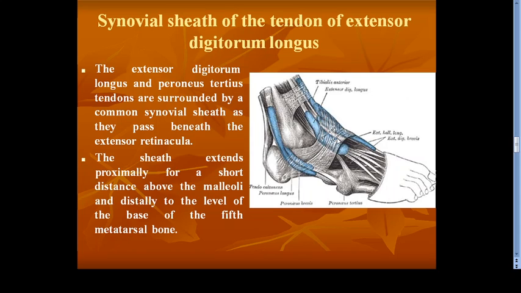As they pass just below the extensor retinaculums, these sheaths extend proximally for a short distance just above the malleoli, and below it reaches up to the level of the base of your 5th metatarsal bone. So these are the synovial sheaths which cover the extensor digitorum longus as well as peroneus tertius.